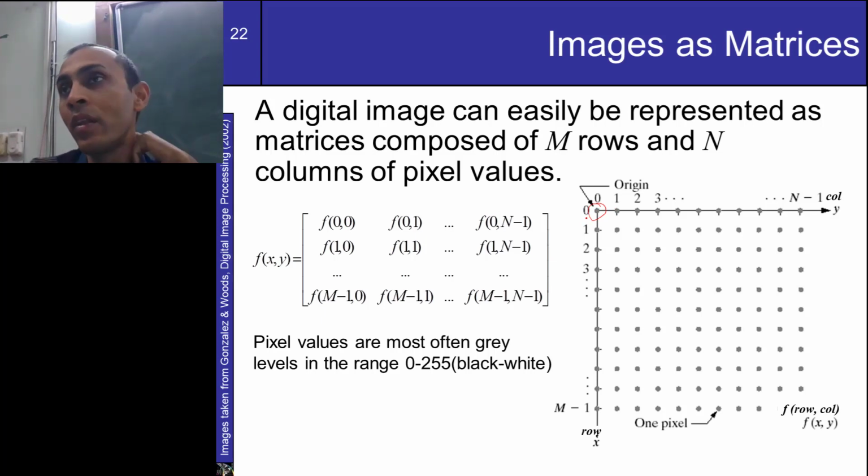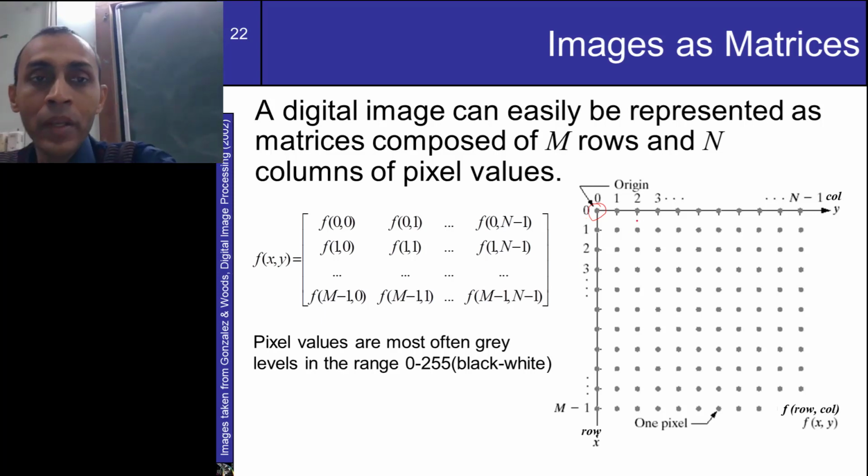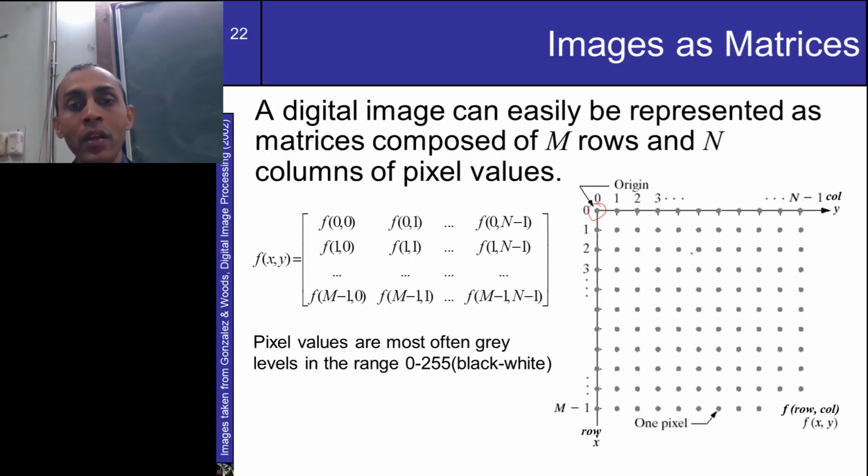That depends again on the library and the convention. But the indexes are very straightforward, like a 2D matrix. If you want to see any pixel value, we just have to know the x and y indexes, i comma j, and we will be able to retrieve or change the value at that particular pixel of the image.